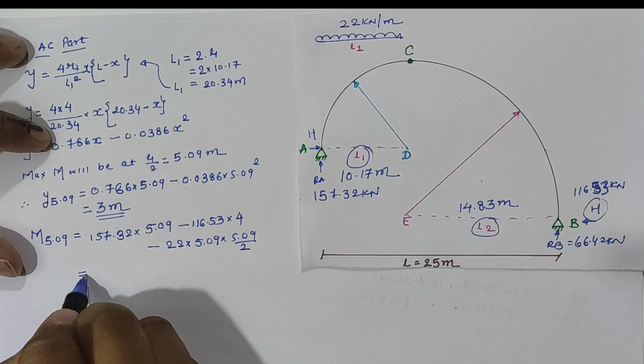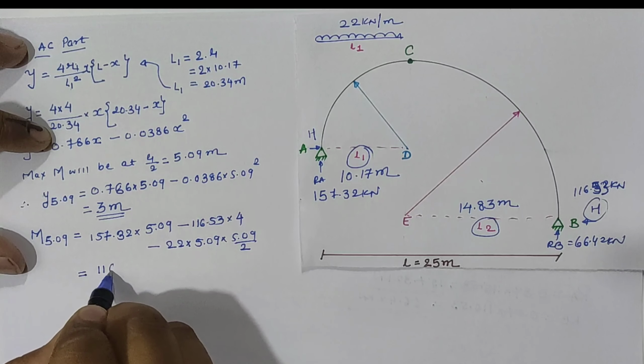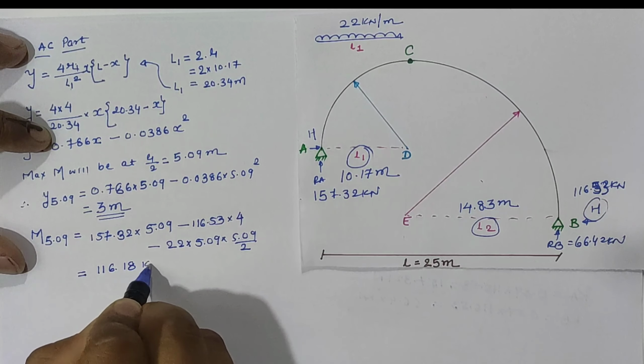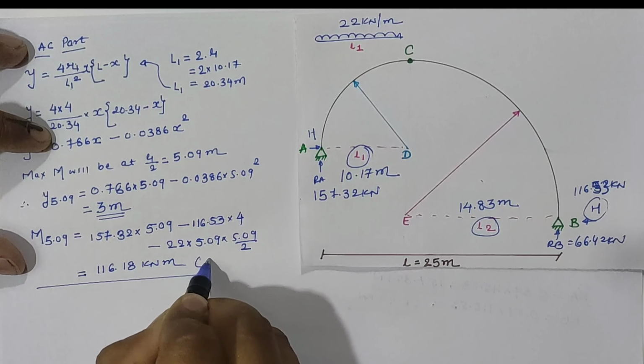So total maximum positive value is 116.18 kilonewton meter in span AC.